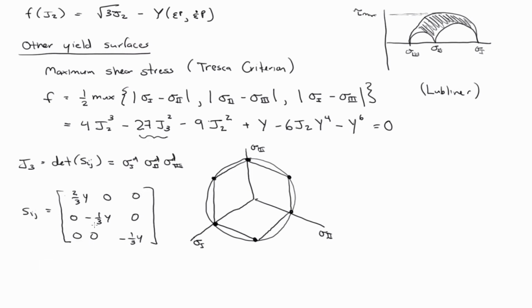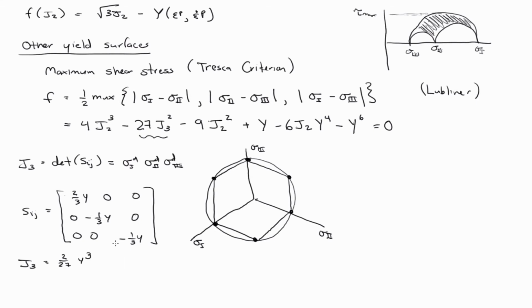Well, in this case, those are the principal stresses, right? So we're talking about a uniaxial tension test here. In that case, these are the principal stresses, so we just take the product of those to get J3. So you can see that in this case, J3 is equal to 2/27 y cubed, okay?